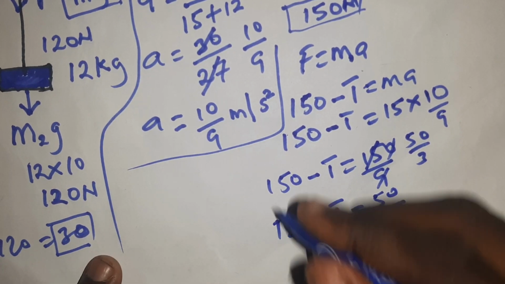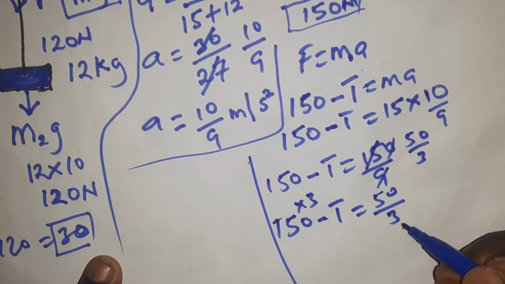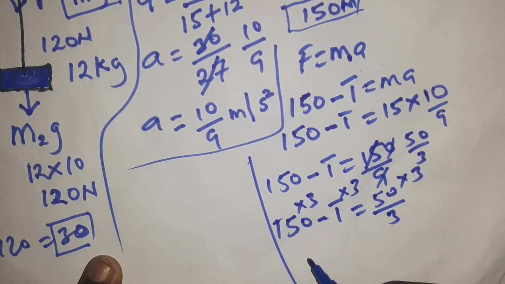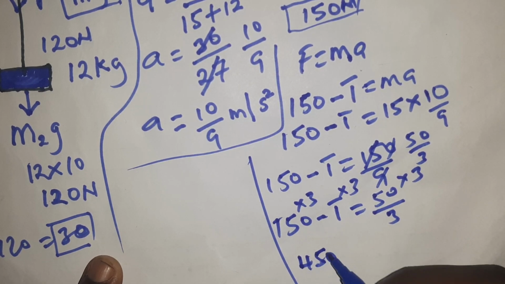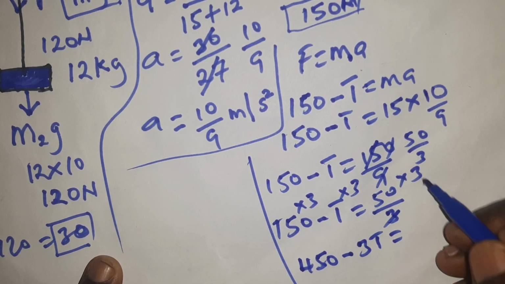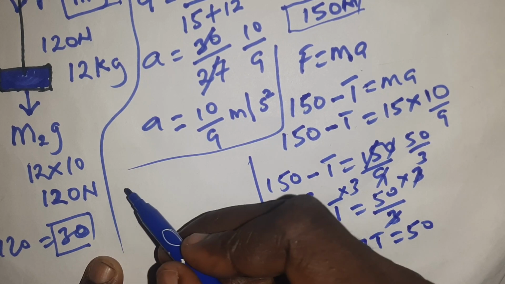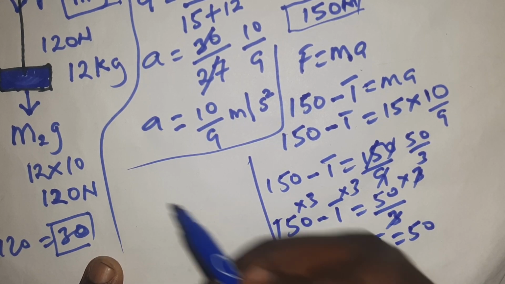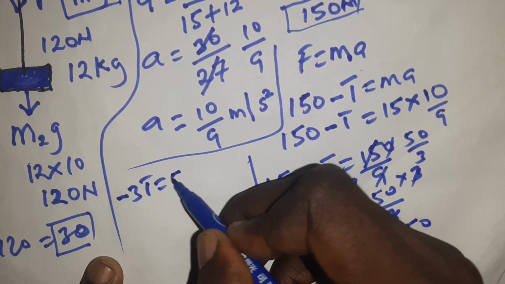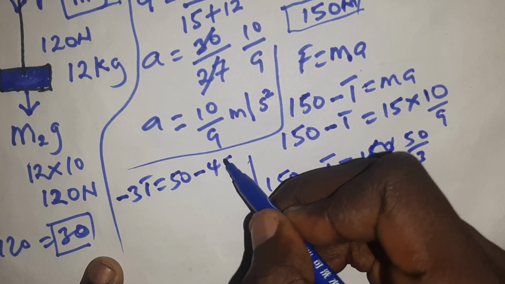Multiplying through by 3 to eliminate this denominator, I have 150 times 3, that's 450, minus 3T equals 50, since 3 cancels 3. Then I'll collect like terms: I have 450, minus 3T on the left hand side equals 50, and the plus 450 becomes minus 450 on the right hand side.